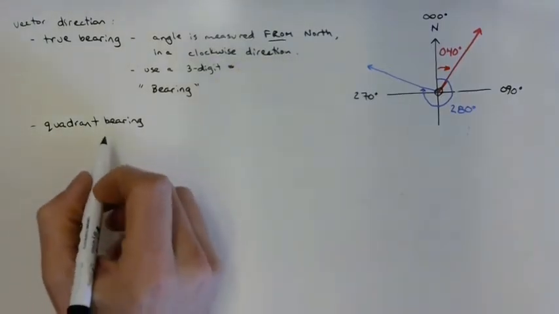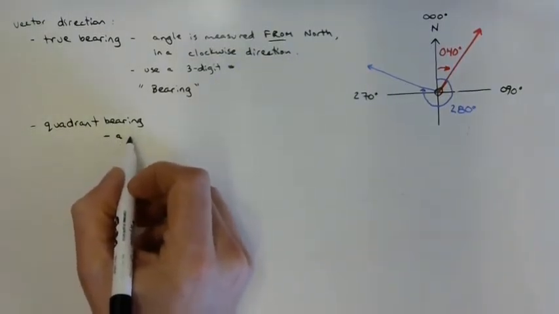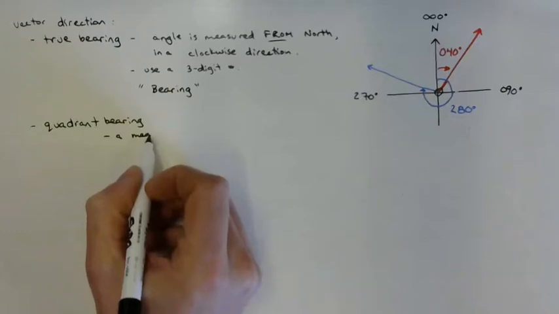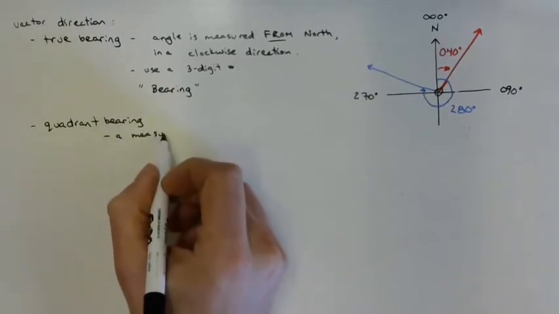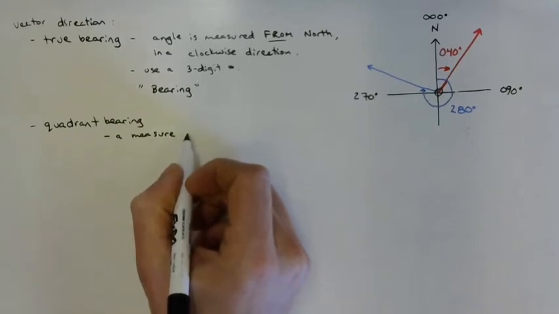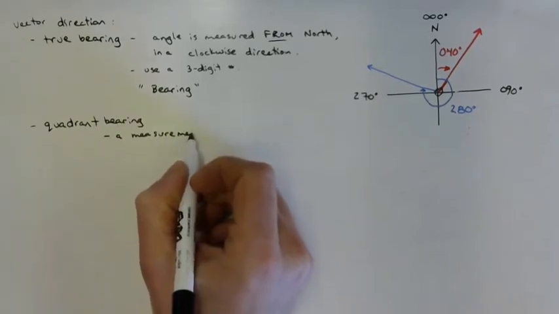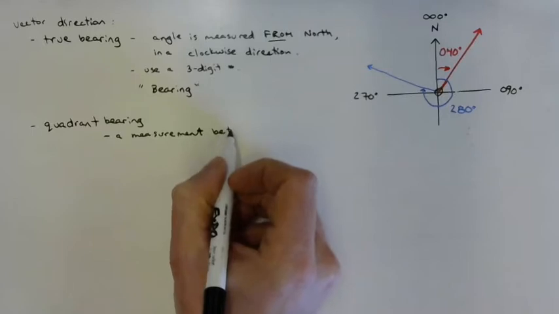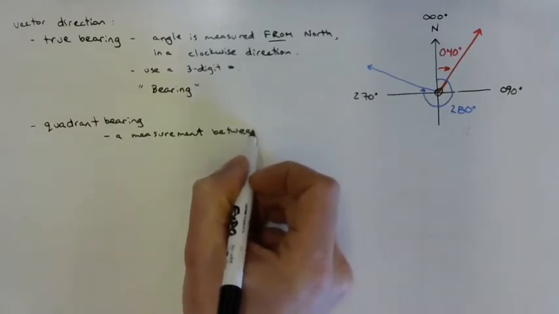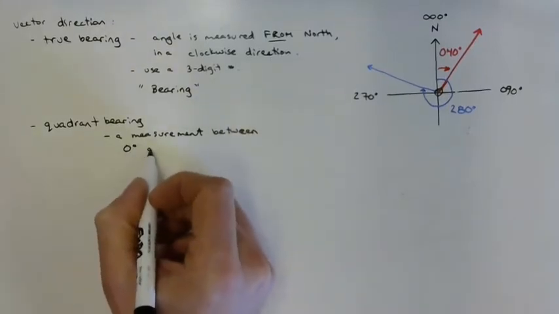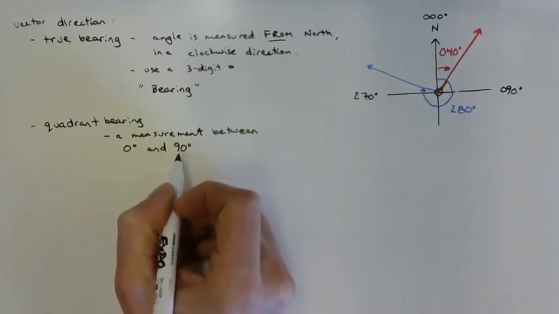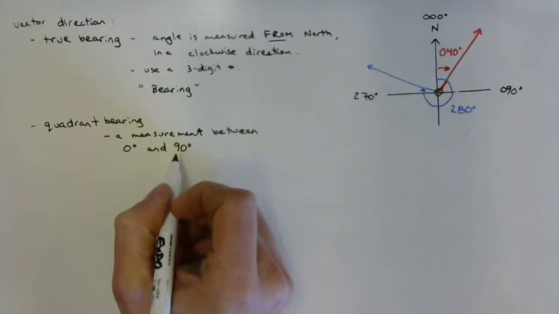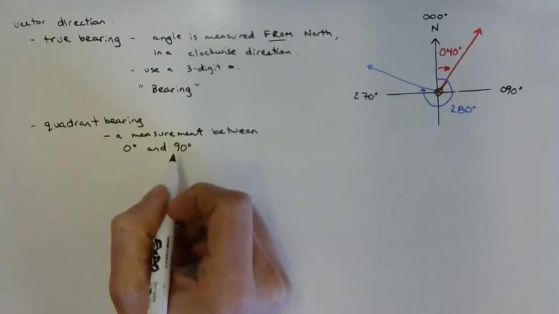So it is a measurement between 0 degrees and 90 degrees east or west of the north-south line.